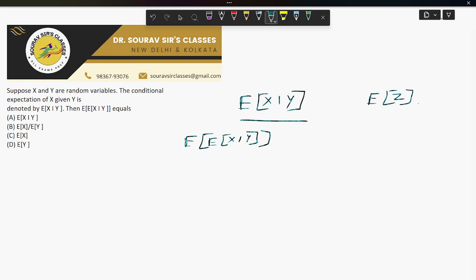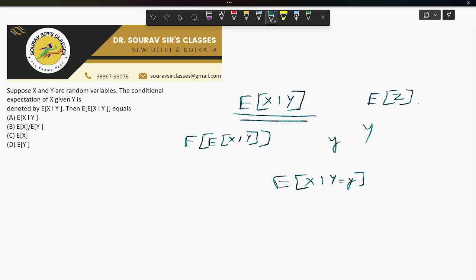Let us break it down first. Let's think about what E[X|Y] represents. For a fixed value y of Y, the expectation of X given Y equals y is a number, the average of X given Y equals y.